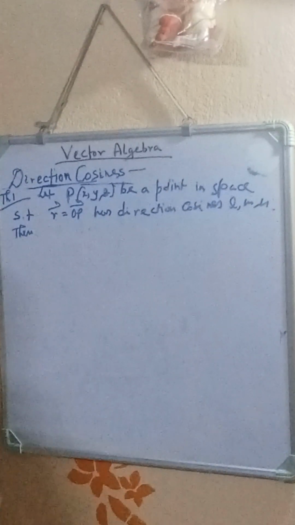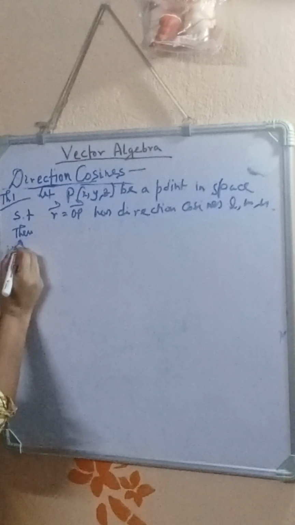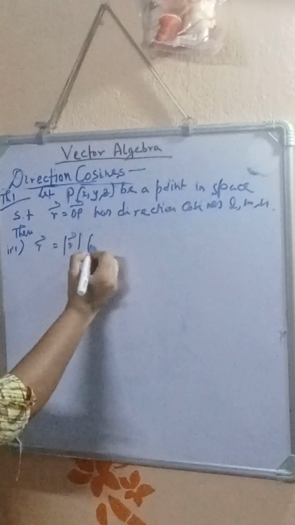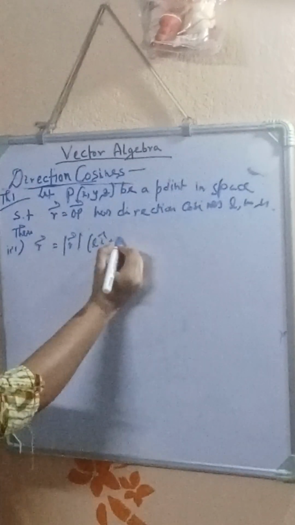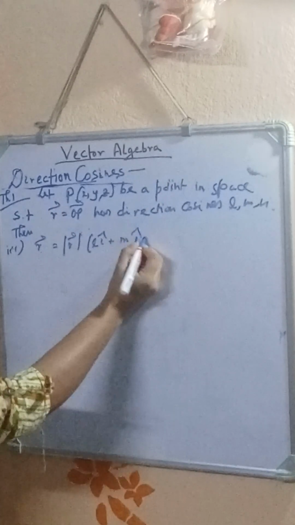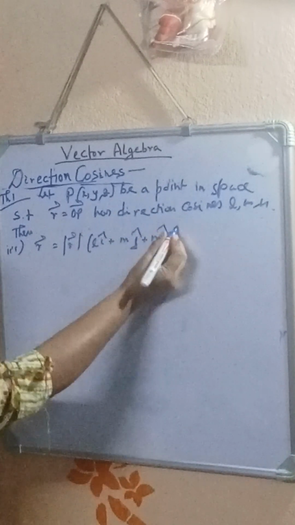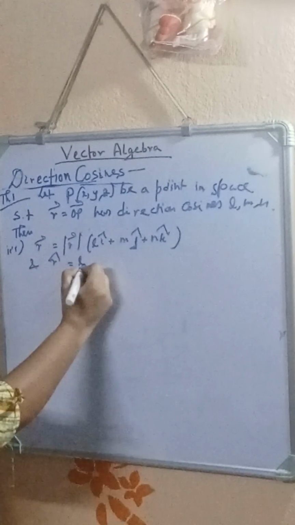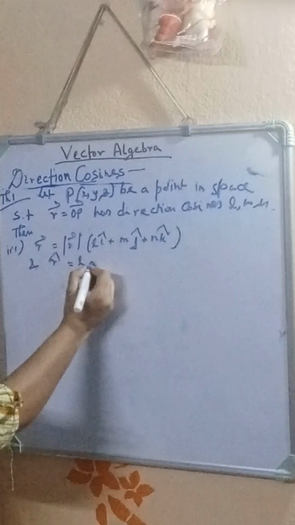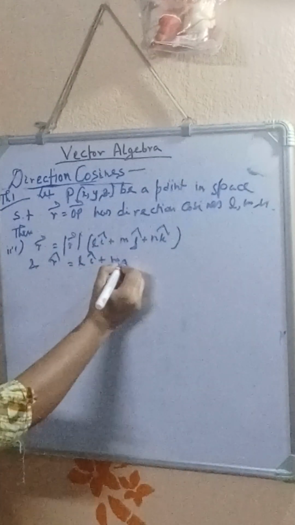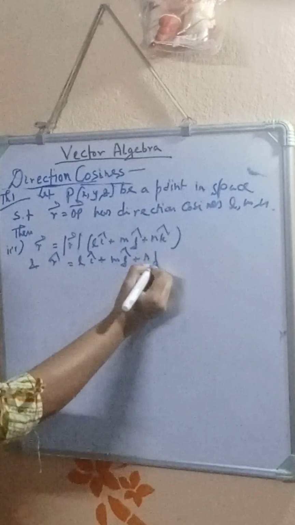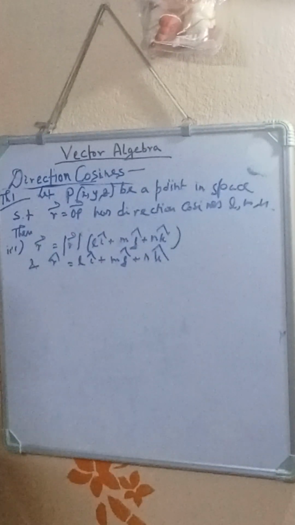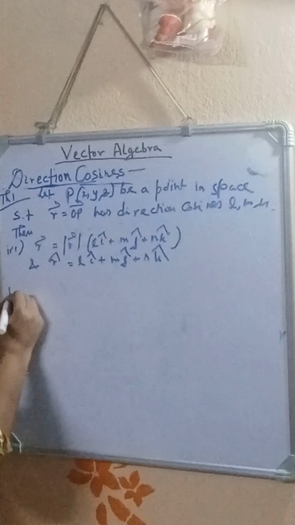Theorem number 3. r vector equal to |r|(l i cap plus m j cap plus n k cap) and r cap equal to l i cap plus m j cap plus n k cap. Proof.